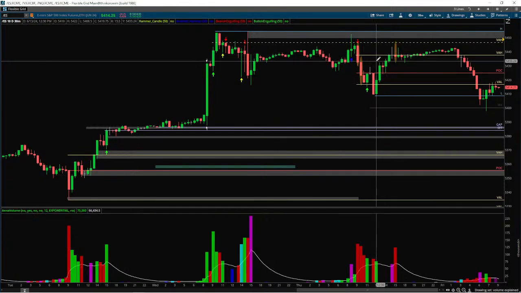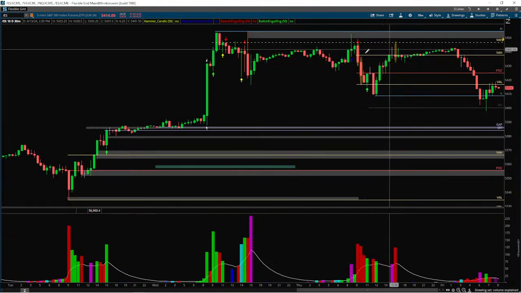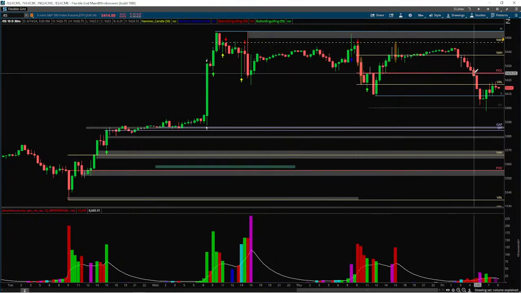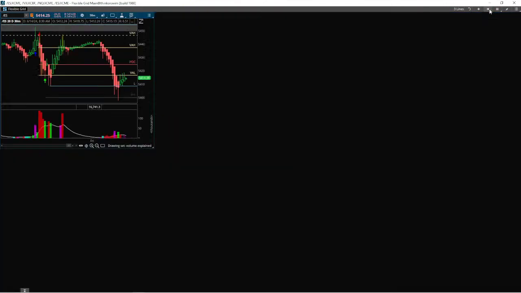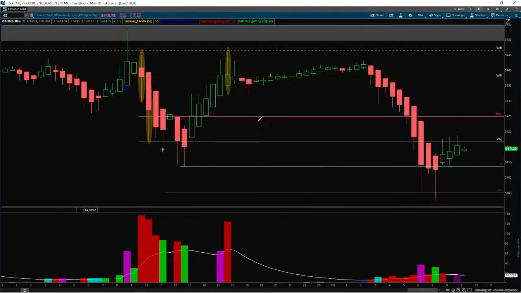Okay, so now with the overnight session, we do see some volume in these areas here, but still not being respected enough for me to be interested in them. Let's go into the Heikin Ashi first.